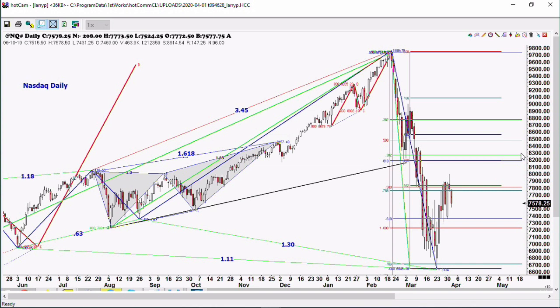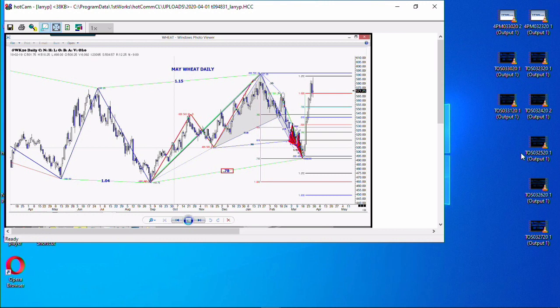I better show that Gartley, because that's an important one that came up right in the middle of all this crisis. You're looking at the whole world falling apart. And when you start to see some of these things doing what they're doing, it really makes you a believer in these patterns. Because you can see here, this was right in the middle of last month, right around St. Patrick's Day.